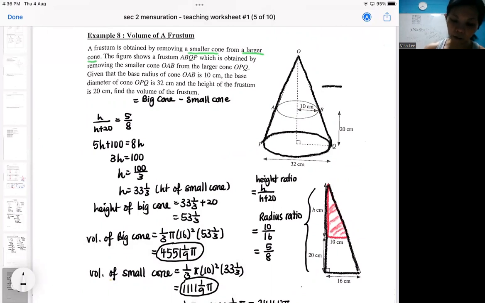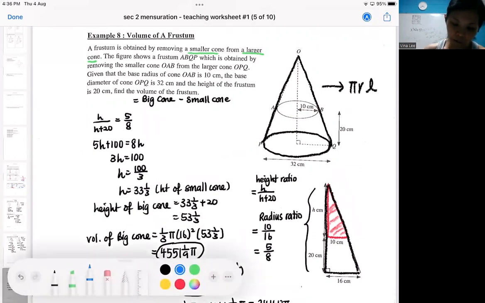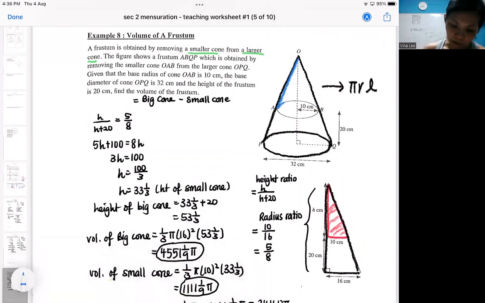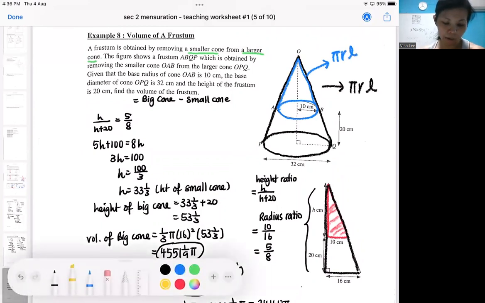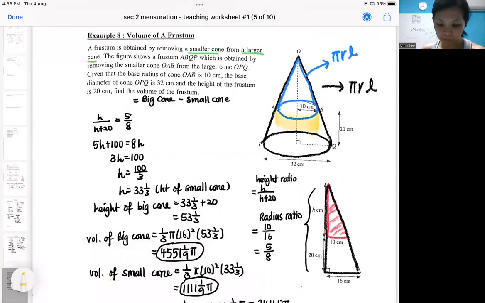Based on this one, I have to do a pi r l. Then based on the small cone, I have to find the small pi r l. And then I need to subtract away. So if I subtract away, then I will get this part, the curved part of the frustum.